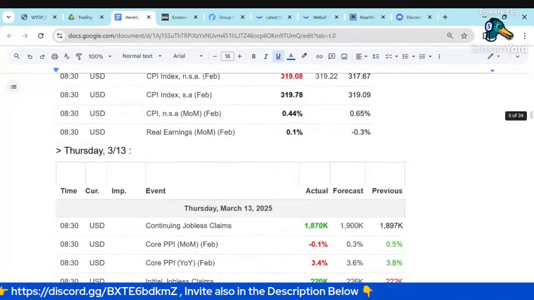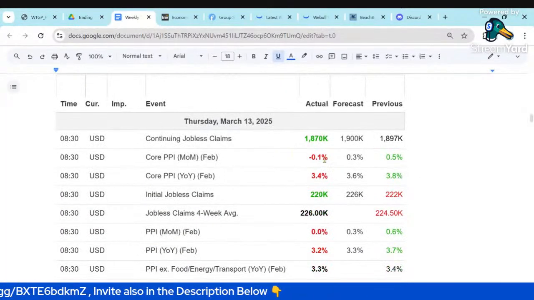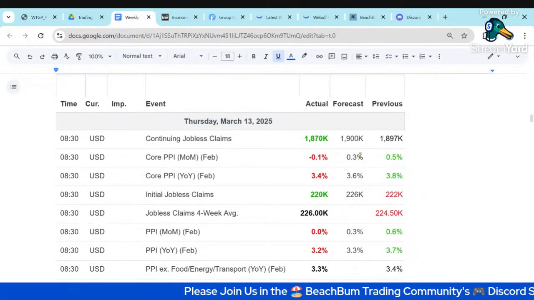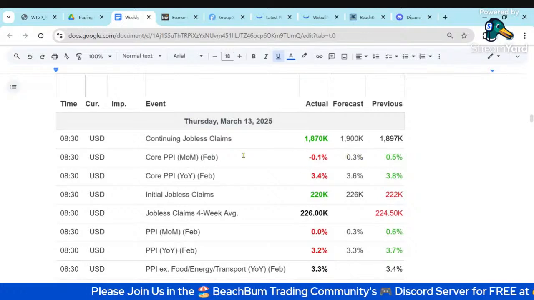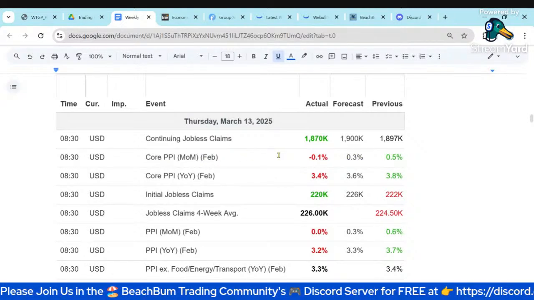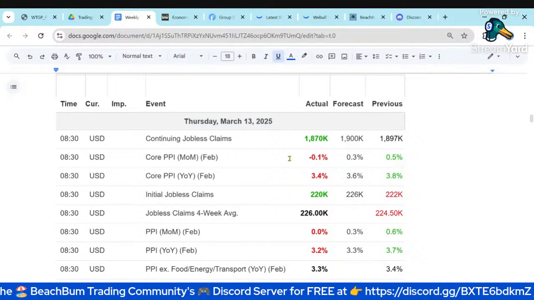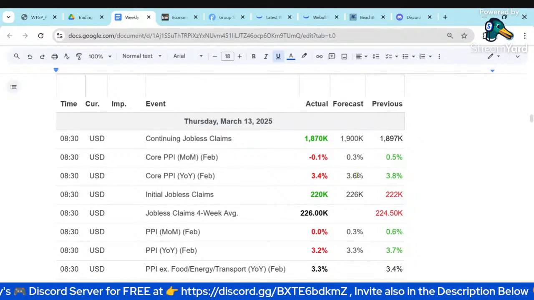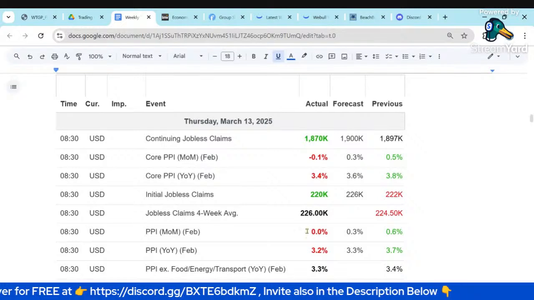We also see Thursday, we got PPI data, so producer price index, and the core month on month actually went negative. For the first time, it was expected to be slightly positive, went negative. So producer inflation deflating year on year, 3.4 versus expected 3.6.